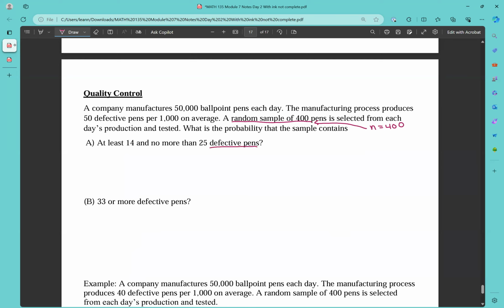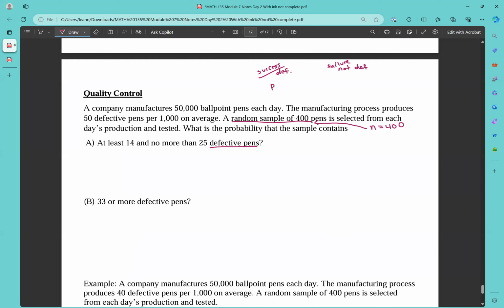So we're considering defective pens being kind of a success here, which is kind of weird, but they're saying we're counting how many defective pens we have. So if we get a defective pen, that's considered a success, which means if we don't get a defective pen, we have a failure, because they're looking for defective pens.